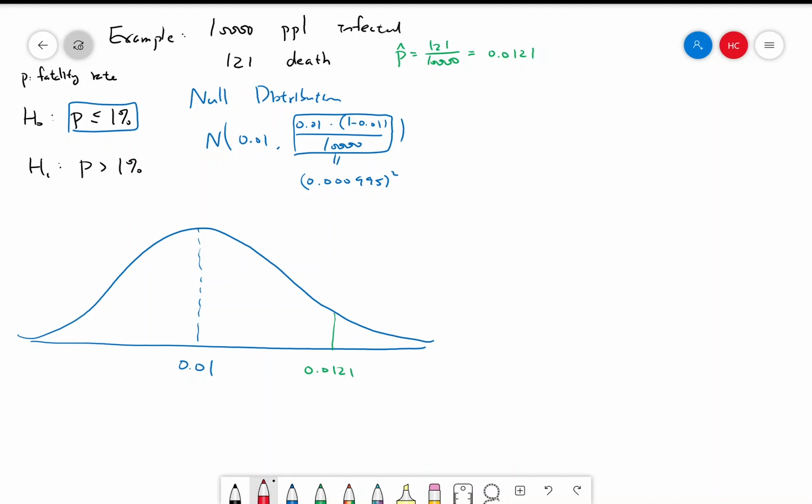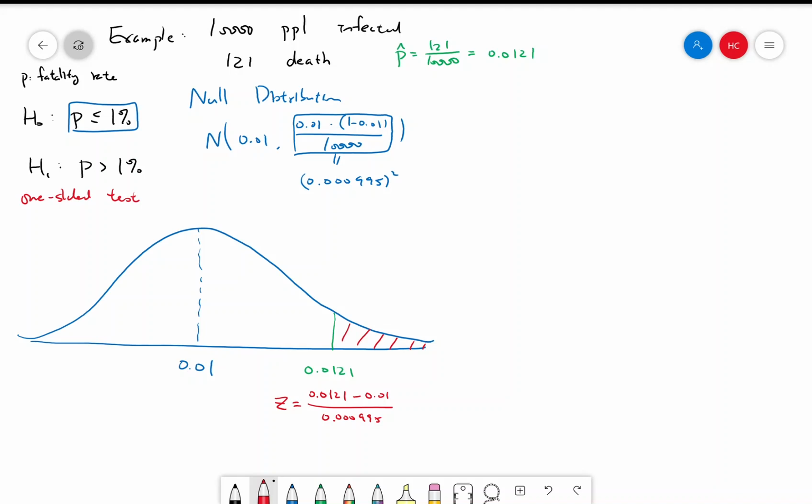So because this is a one-sided test, all we need to do is to calculate the area of this tail, and that's our p-value. So to calculate the area of this tail, first we find a z-value, the z-score of 0.0121. We subtract the mean and divide it by the standard deviation.